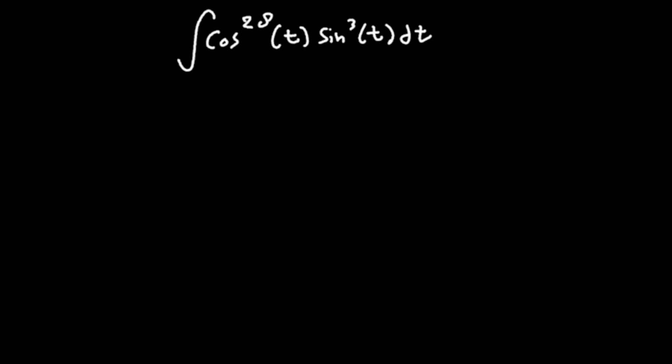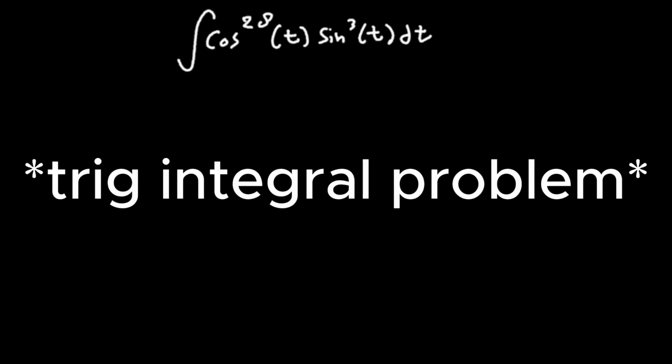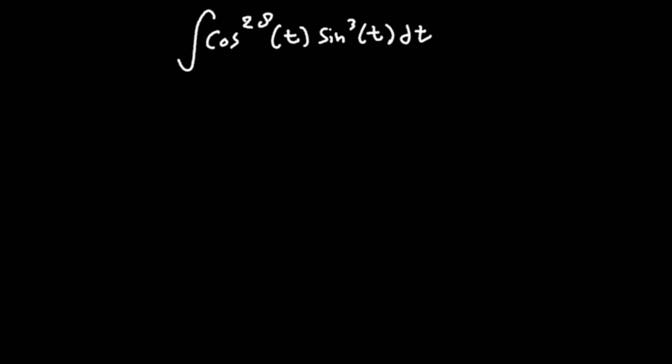Alright, so for our last problem, we have a trig sub problem. For cosine and sine, this is different for tangent and secant, but for cosine and sine, whichever one has an odd power, that's the one that you want to set aside one. If you have both, you could do either; it just depends on what works nicer.